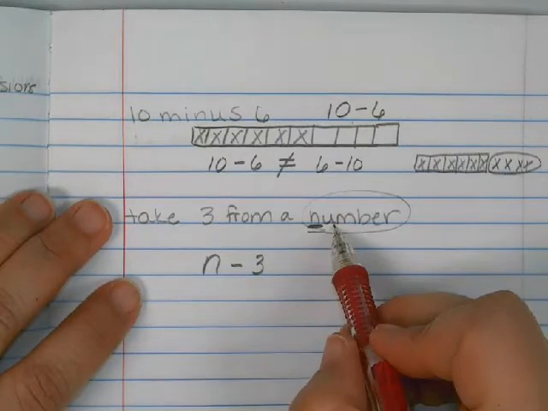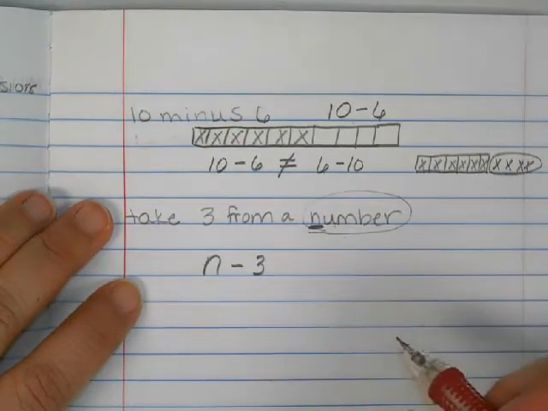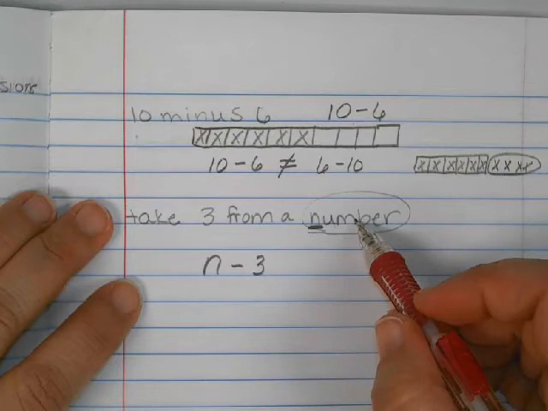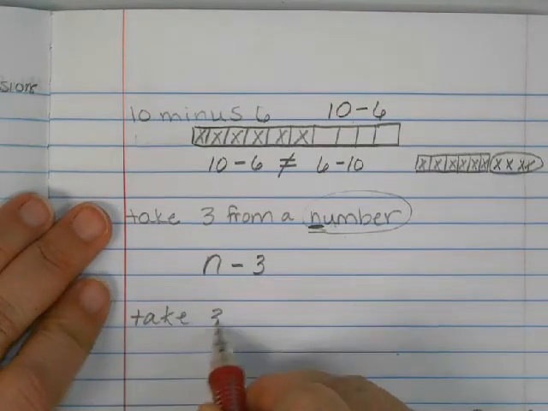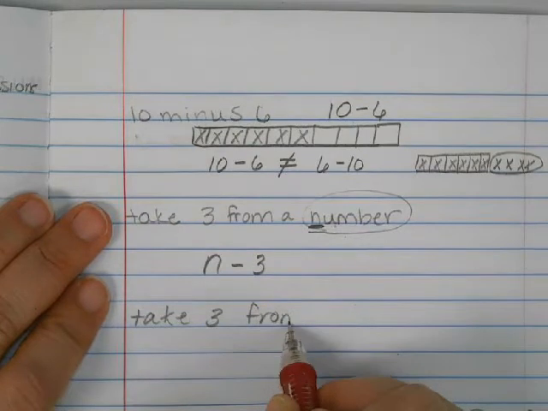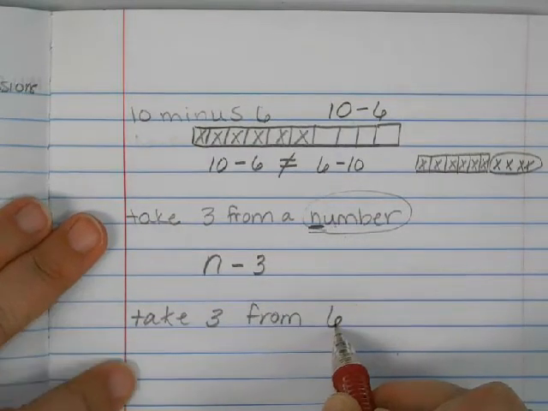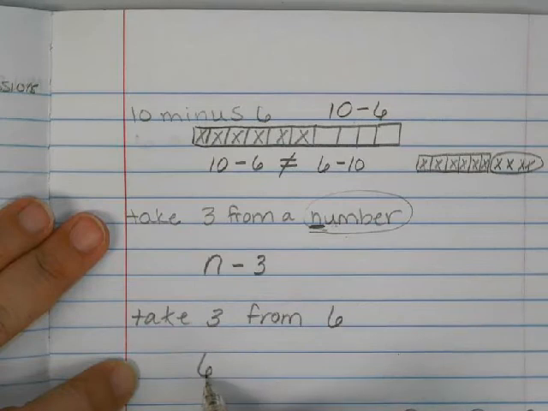And if I substituted in a number, let's say 6 for the word number, so if it said take 3 from 6, then I start with 6 and then I subtract 3.